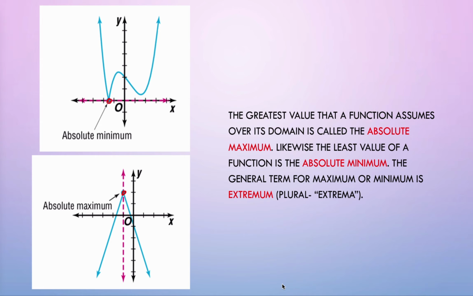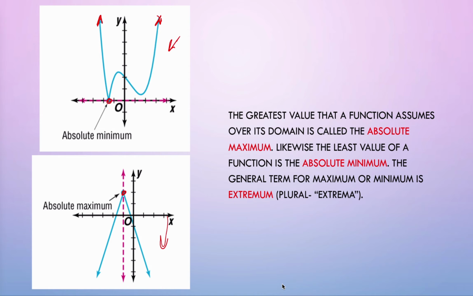This function has an absolute maximum at (-1, 2). This function does not have an absolute maximum because the end behavior goes to infinity. This function does not have an absolute minimum because the end behavior goes to -infinity.